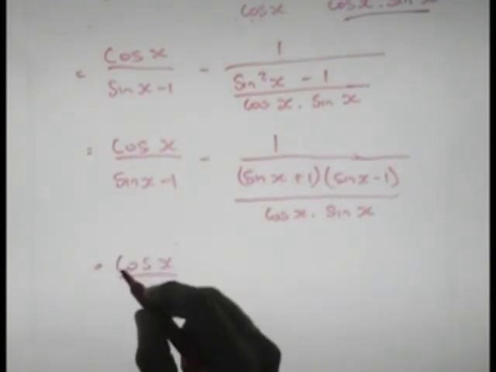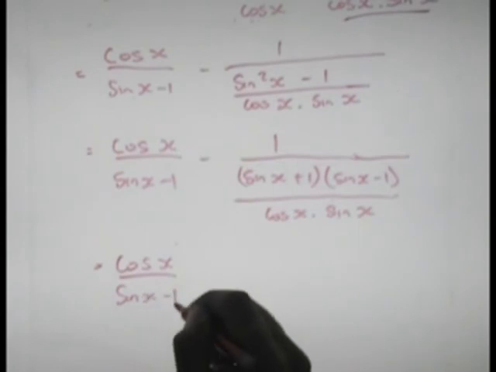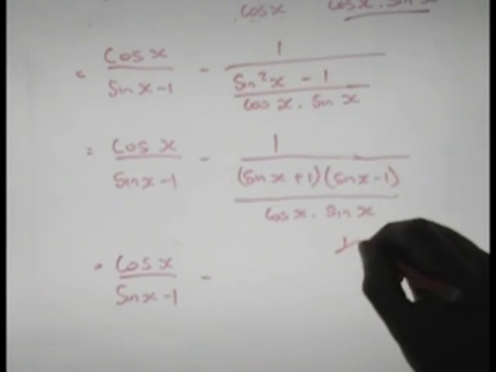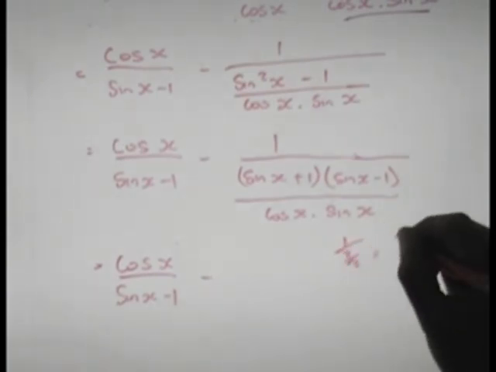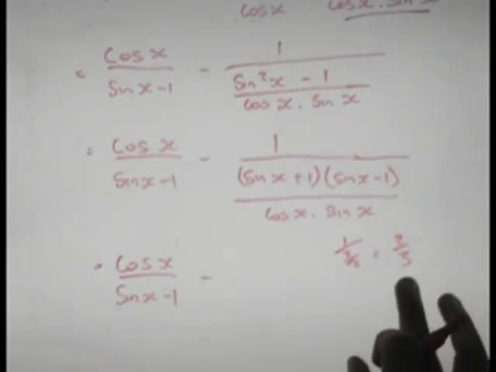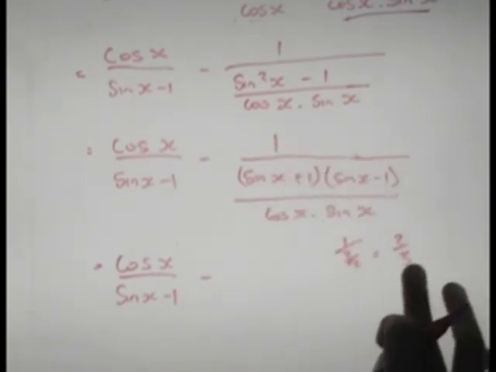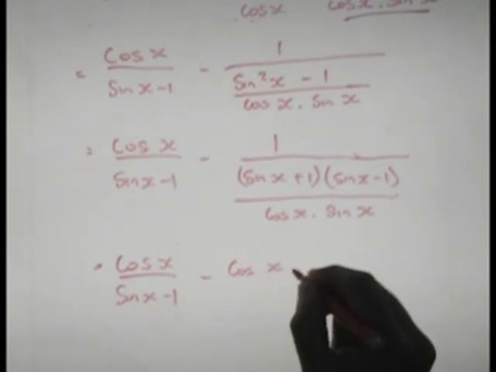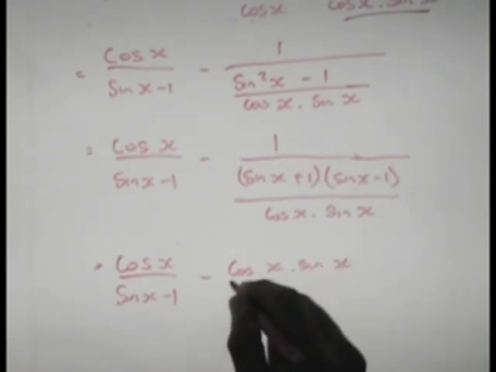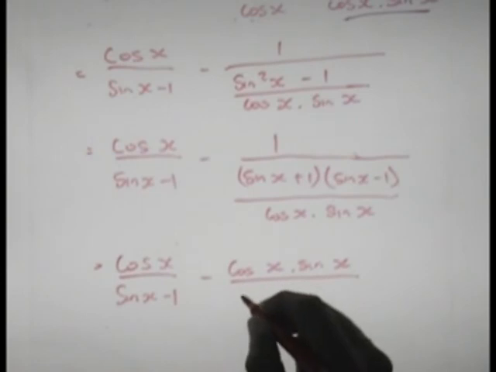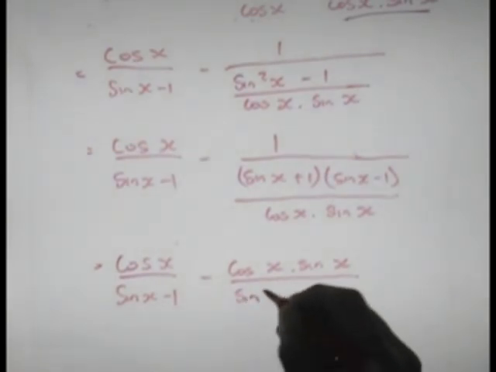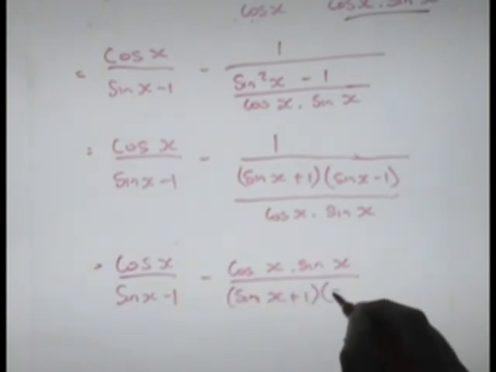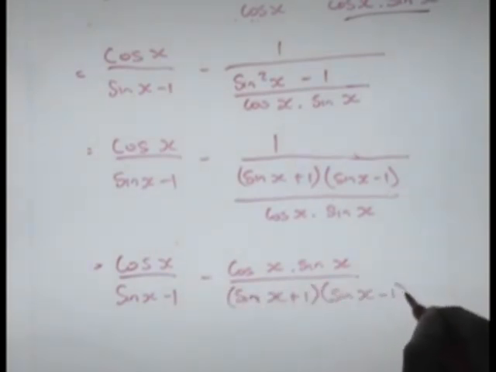This one we're still leaving as cos x over sine x minus 1, minus. Now, think about this. 1 over 3 over 2 is the same as 2 over 3, correct? So 1 over that is the same as cos x times sine x over sine x plus 1 times sine x minus 1.